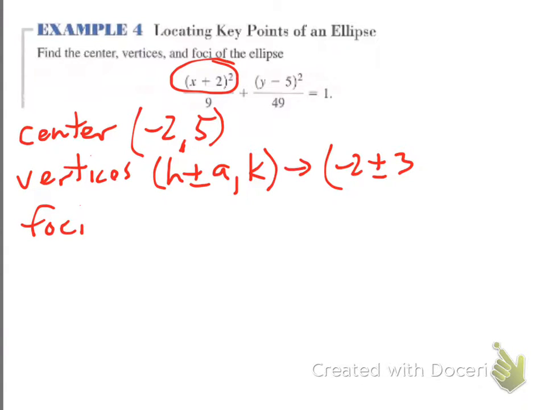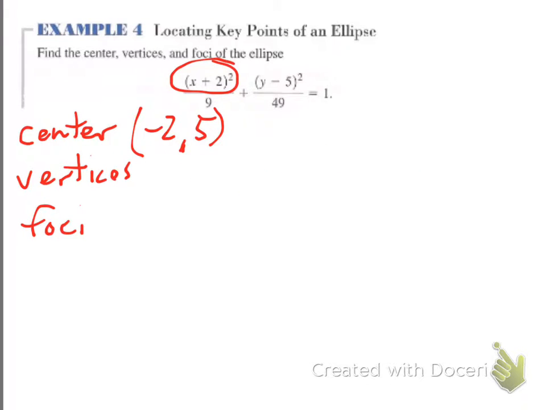Actually, wait a minute. Time out. Back the truck up. Here's the deal. When they give you the equation, and they want to know vertices, foci, and so forth, this is the key point. You look at the numbers on the bottom.